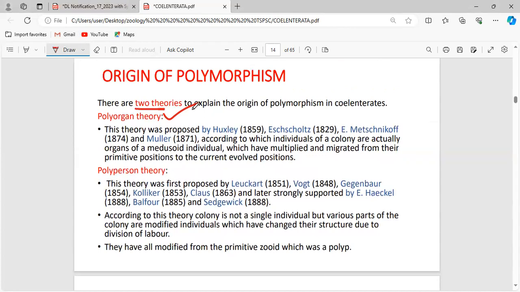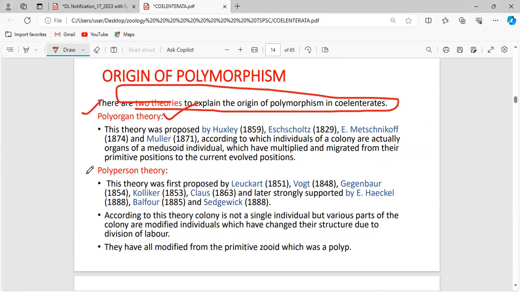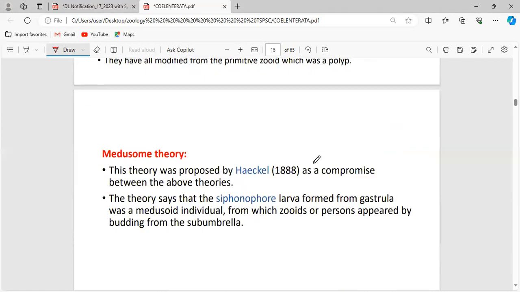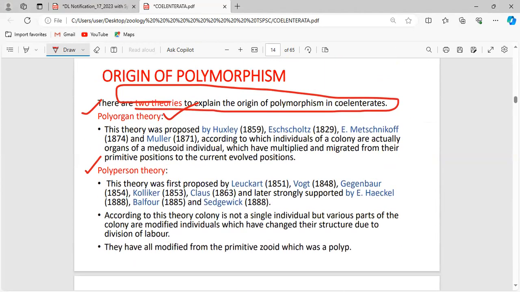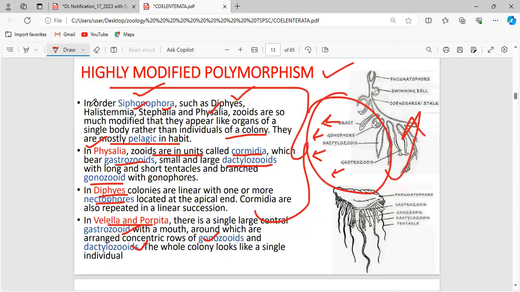There are two theories to explain the origin of polymorphism in coelenterates. One is polyorgan theory and the other is polyperson theory. This theory was proposed by Huxley. See, scientist names we will leave, okay? Here, according to this, individuals of a colony are actually organs of medusoid individuals, which have multiplied and migrated from their primitive positions to the current evolved positions.